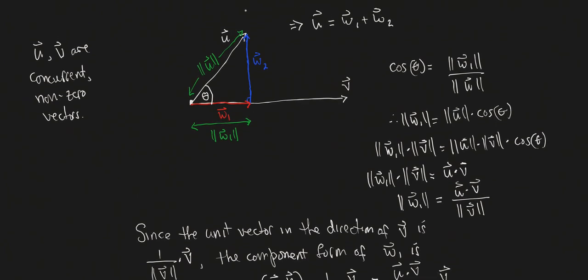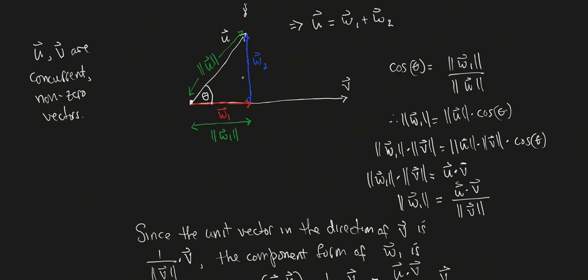If there was, let's say, a light source directly above u shining down here, and then u casts a shadow on the vector v, then the tip of that shadow would be right here, right?